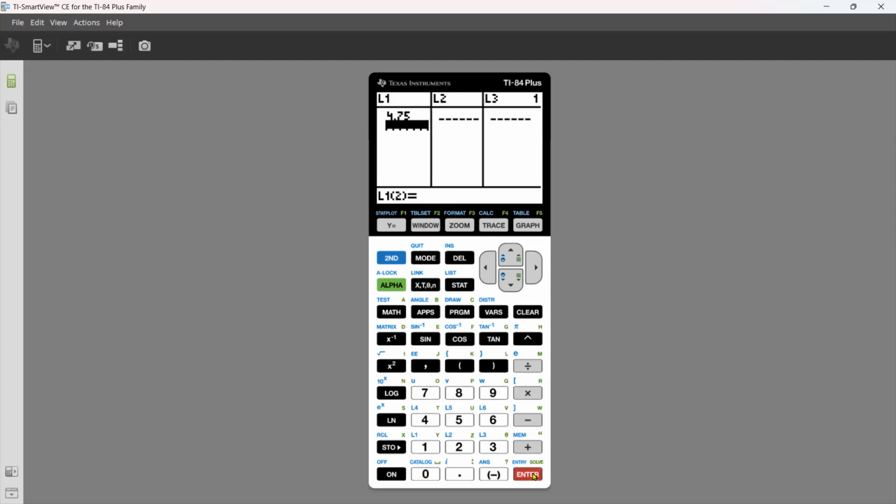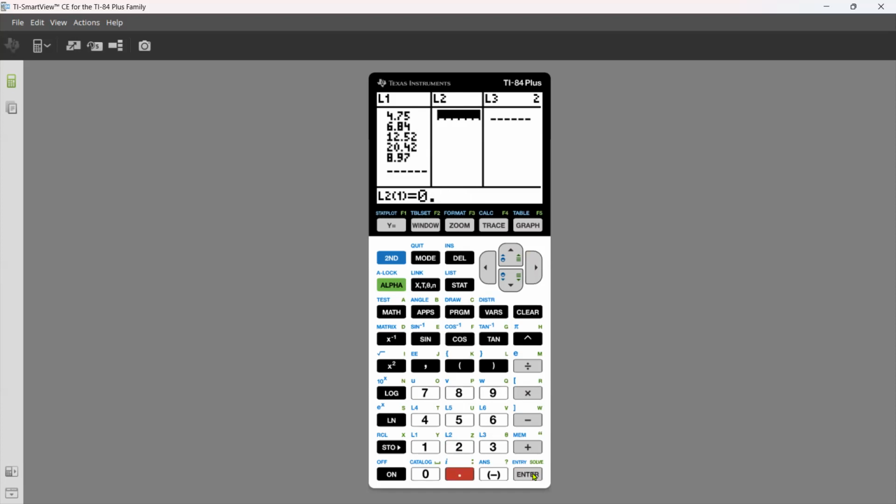4.75, 6.84, 12.52, 20.42, and 8.97. Then we have 50 cents.